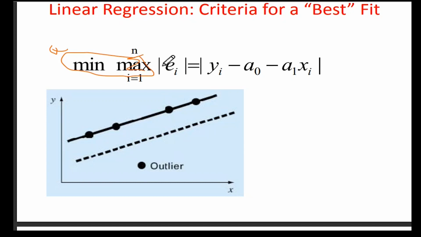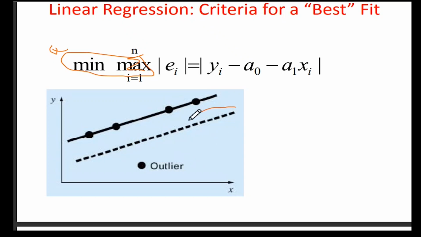Okay. So kita nak gunakan min-max criterion where in this technique, titik yang kita pilih tu akan minimizekan the maximum distance for each individual point to fall from the line.